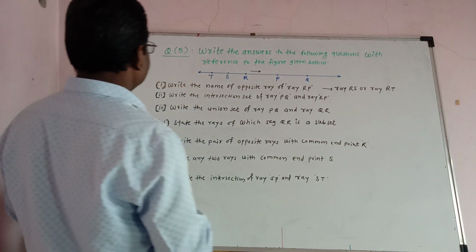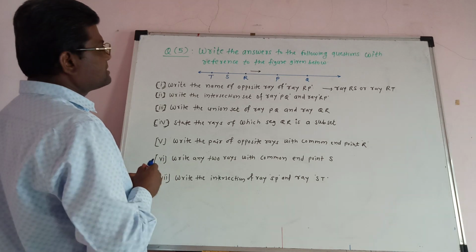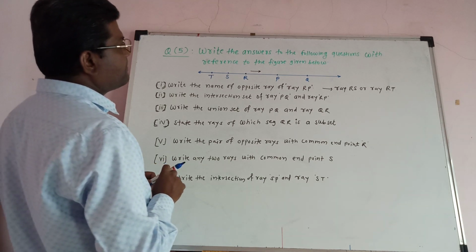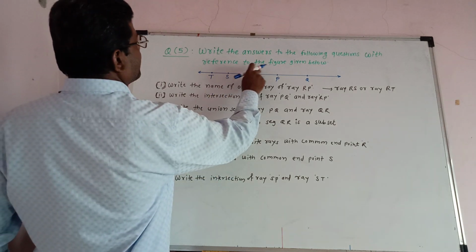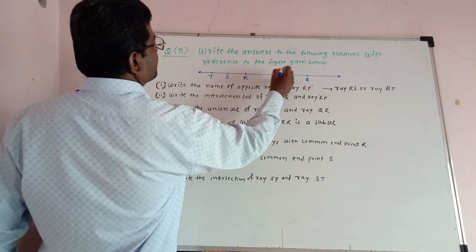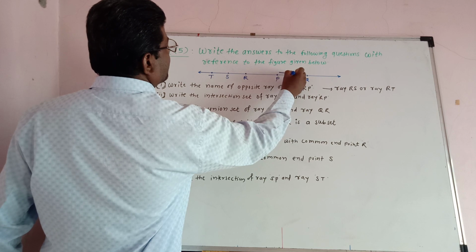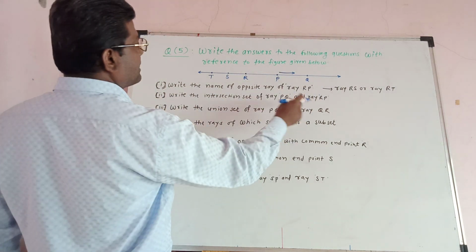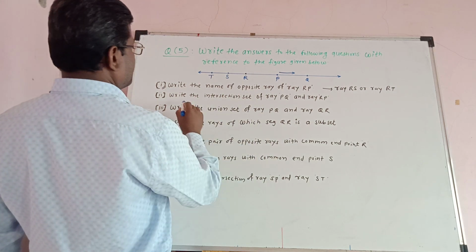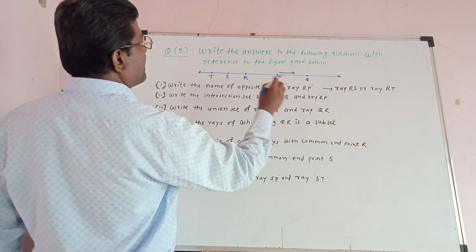Now question number 2. Write the intersection set of ray PQ and ray RP. Ray PQ starts from here, ray PQ here, and ray QR, intersection of ray PQ and RP.